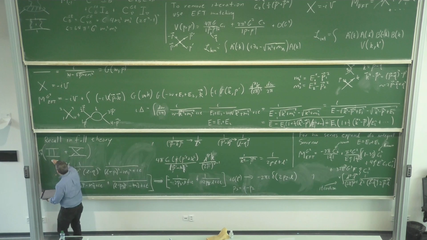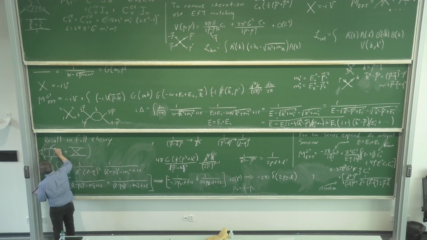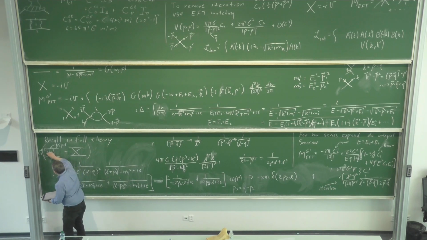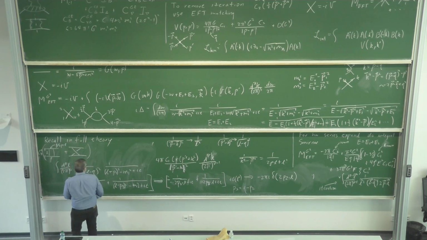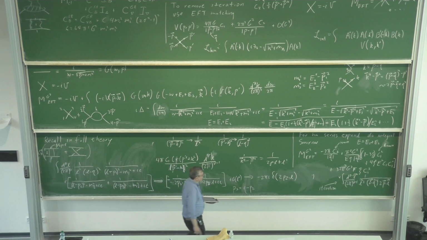This propagator is 1 over 2 P2 dot L. It's putting this thing on shell.